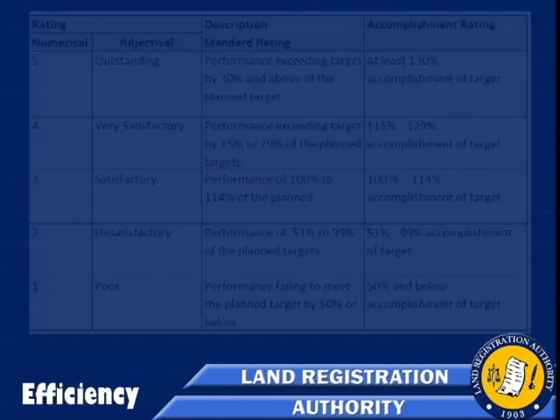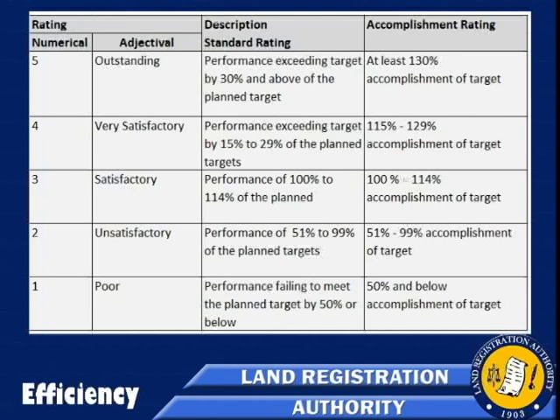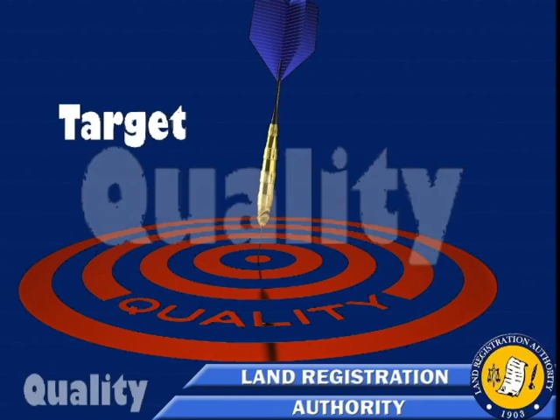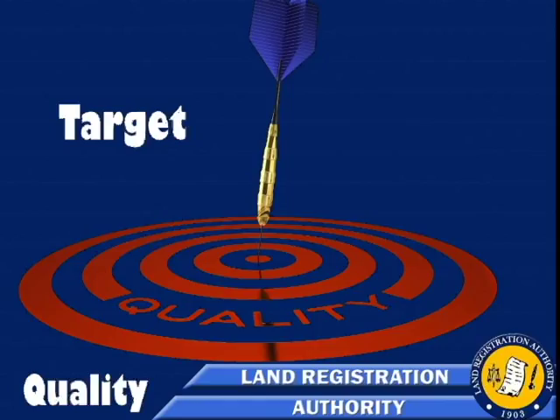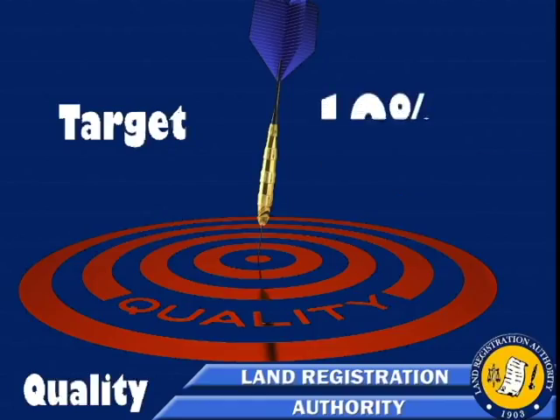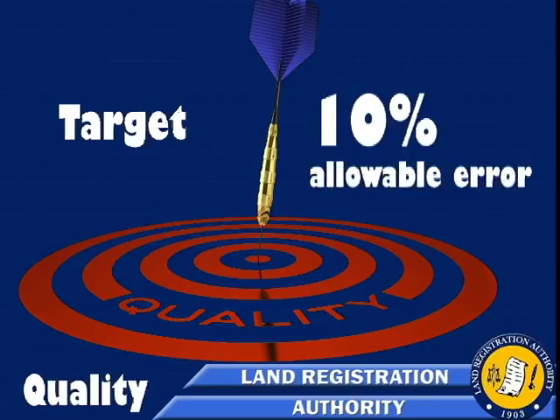Therefore, referring back to the rating scale, the numerical value is 4 and the adjectival is very satisfactory. Now let's look at the quality. The target is 90% without error or 10% allowable error.